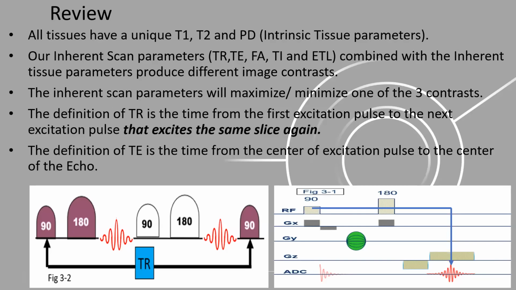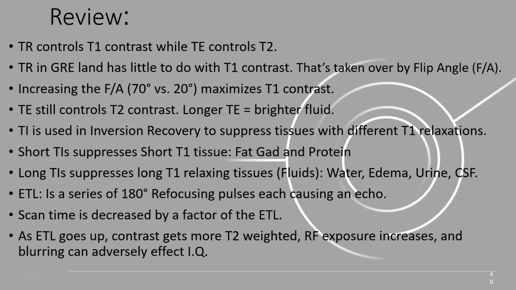So the scan parameters are going to maximize or minimize one of the three contrasts. Remember, TR is the time from the first excitation to the next excitation that excites the same slice. TE is the time from the center of the excitation pulse to the center of the echo. TR controls T1 and TE controls T2.